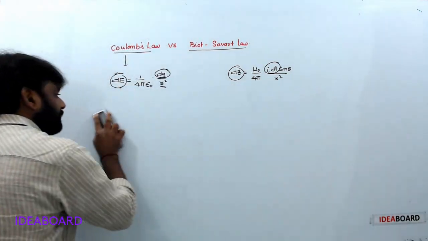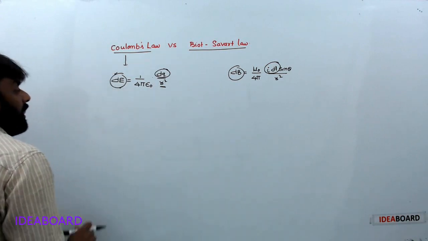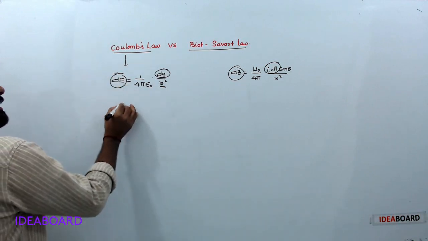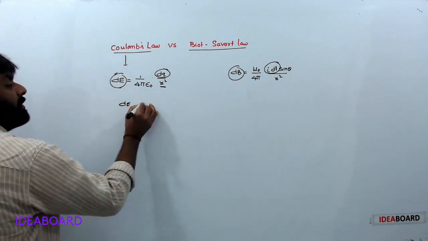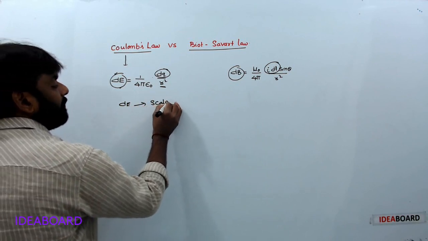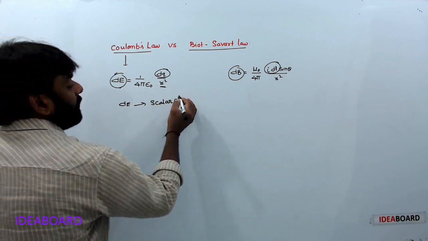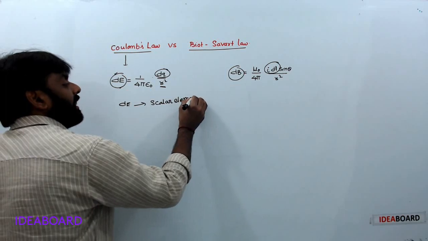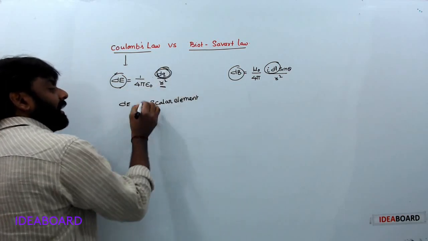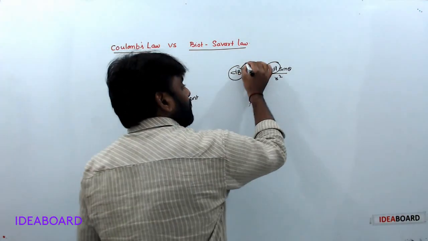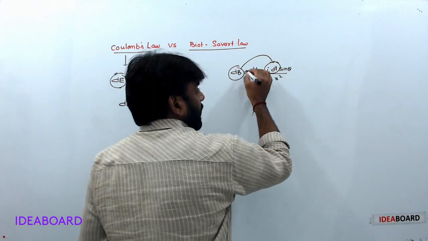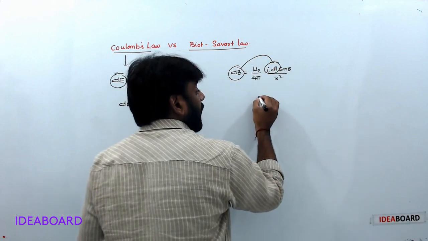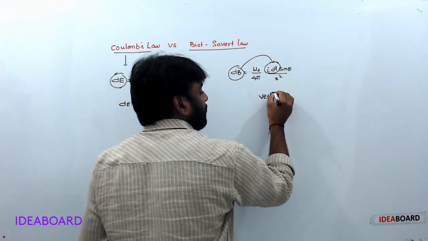Now, the differences. Here, the electric field is produced due to a scalar element. Charge is a scalar. But the magnetic field is produced due to a vector element.